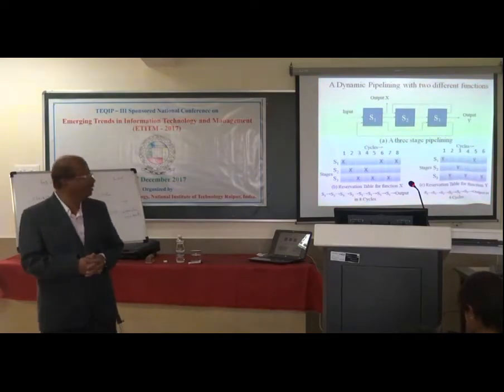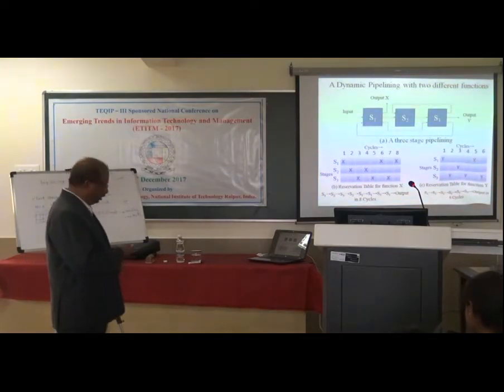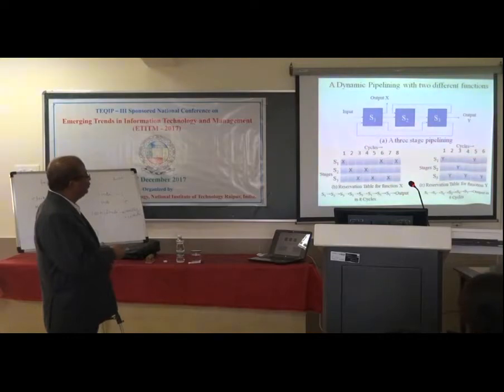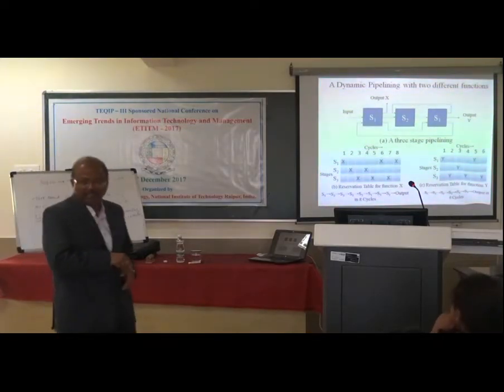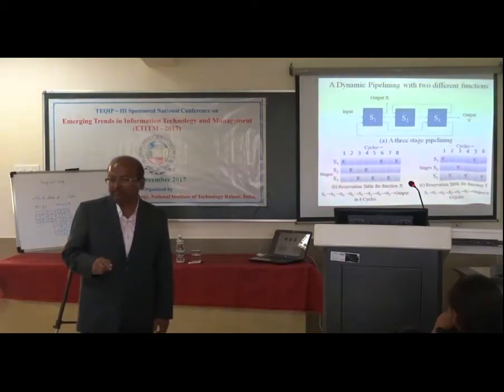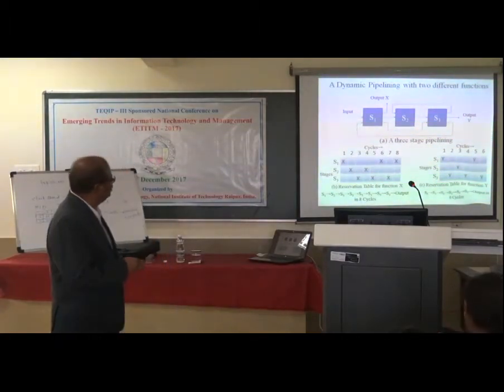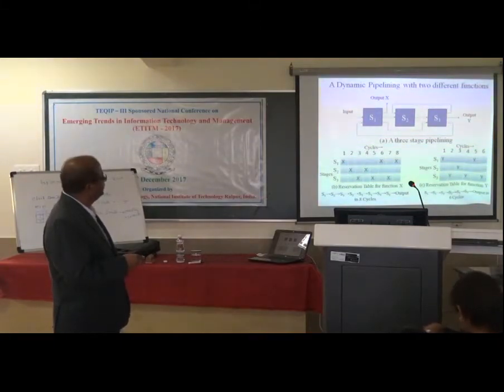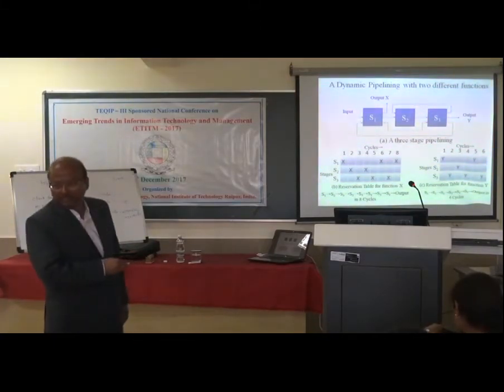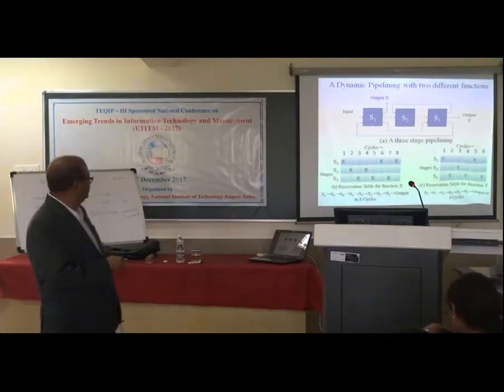These functions are output X and output Y, and these are the three stages. As I told previously, there are feedback and feed forward channels in dynamic pipeline. So you can see that this is a feedback channel from S3 to S2, and this is S1 to S3 directly. This is a feed forward channel.